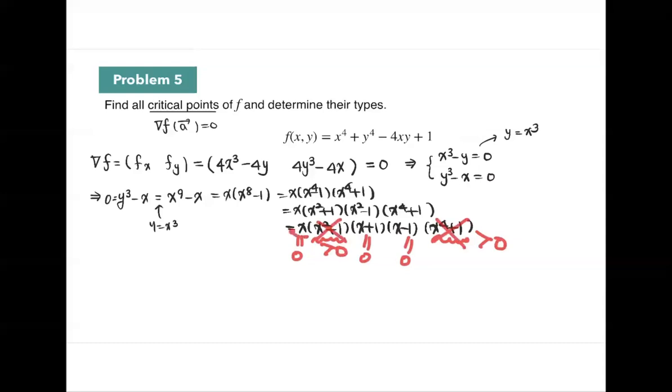So there are 3 cases: x is 0, x plus 1 is 0, and x minus 1 is 0. The first one is x equal to 0, the second one is x equal to minus 1, and the third one is x equal to 1.